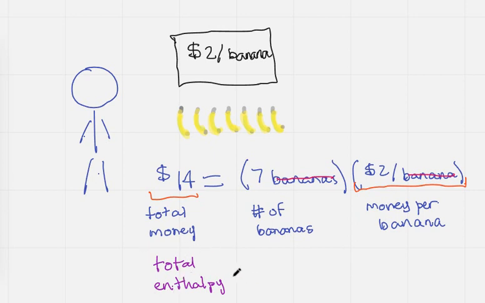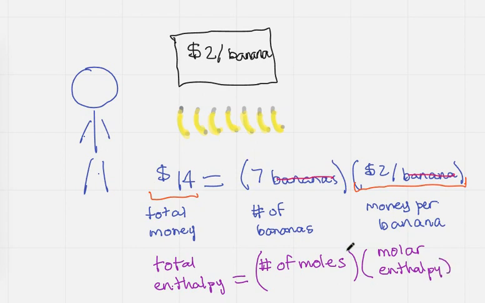So total enthalpy equals the number of moles of some species that's reacting, multiplied by what's called the molar enthalpy, as in the enthalpy per mole. And just like with the money example, enthalpy is going to be measured in joules or kilojoules or megajoules. Kilo is the most common. Moles are measured in moles. And molar enthalpy is usually measured in kilojoules per mole.